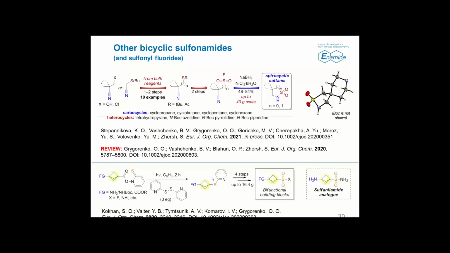Then the compound was oxidized and subjected to cleavage of the pyridine ring, so the corresponding sulfinates were obtained, and then they were transformed to the sulfonamides and sulfonyl fluorides that are bifunctional building blocks again. And in particular, an analog of the classical sulfonamide drug, the sulfanilamide analog, was obtained, which is, of course, more interesting as a building block.